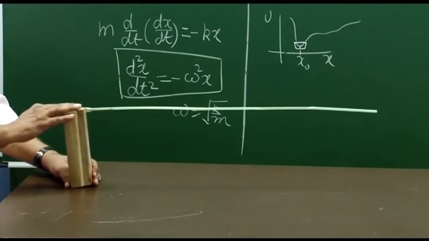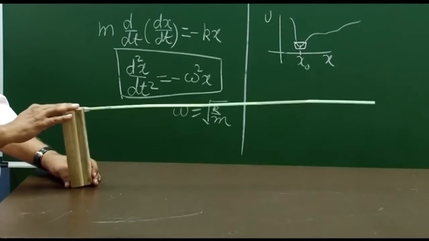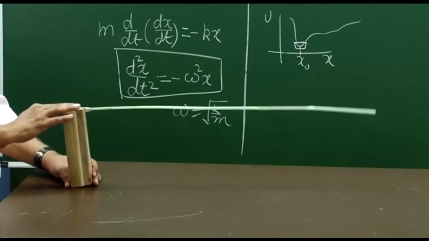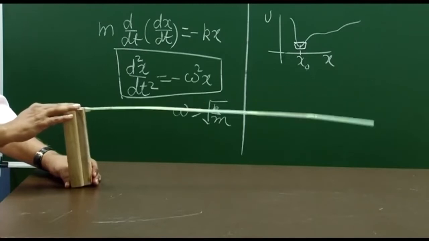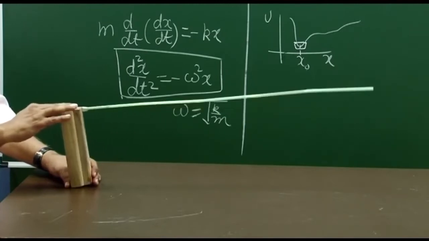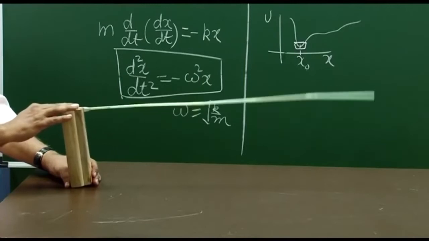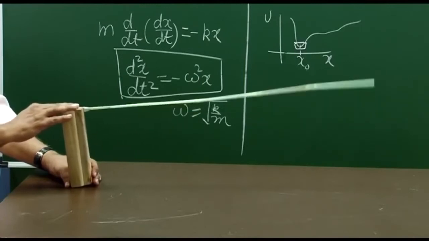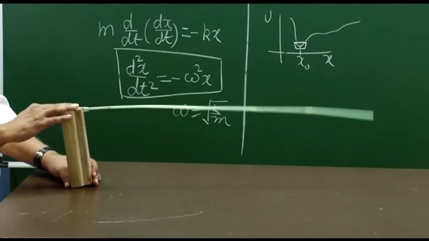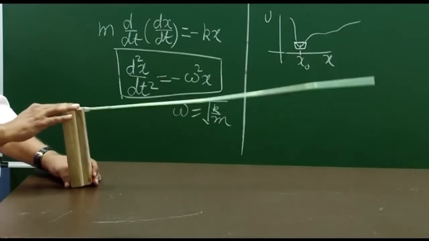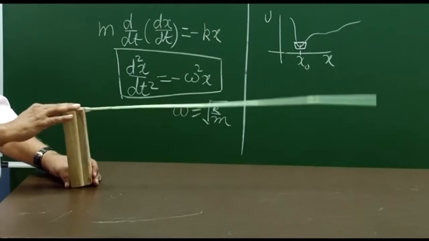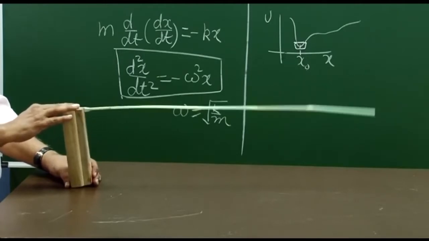If I do it at a very low frequency, once again the amplitudes are small. But at that particular intermediate frequency, you see that a small displacement of the finger at the right frequency creates a much larger amplitude of the tip of this straw.